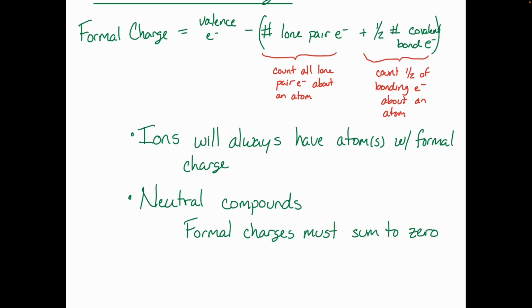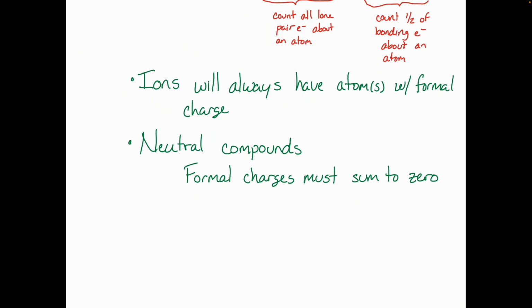So there may be some Lewis structures where we have a neutral molecule, but then when we start calculating formal charges, we see that we have atoms with formal charges. Well, they better sum up to 0, meaning if I have an atom with a formal charge of +1, I must also have an atom with a formal charge of -1. They all have to sum to the net charge on that molecule, which would be 0 for a neutral compound.